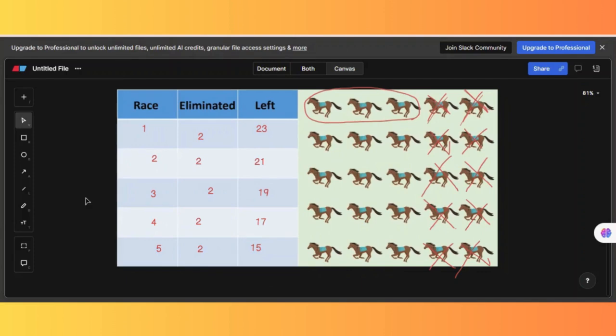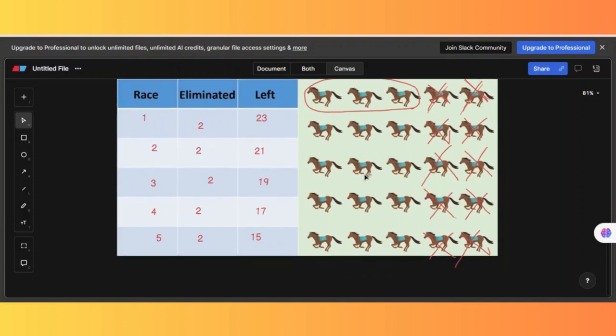I have eliminated the last two horses, so for the third race, two are eliminated and 19 are left. Similarly, in the fourth race, two are eliminated and 17 horses are left. Similarly, in the fifth race, two are eliminated and 15 horses are left. So out of 25, 15 horses are left, and five races are done.